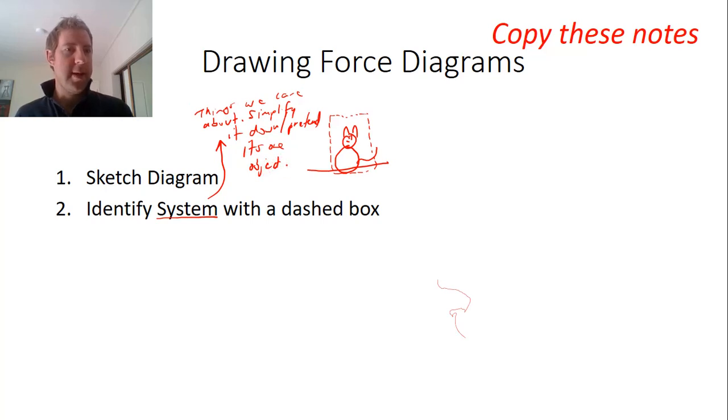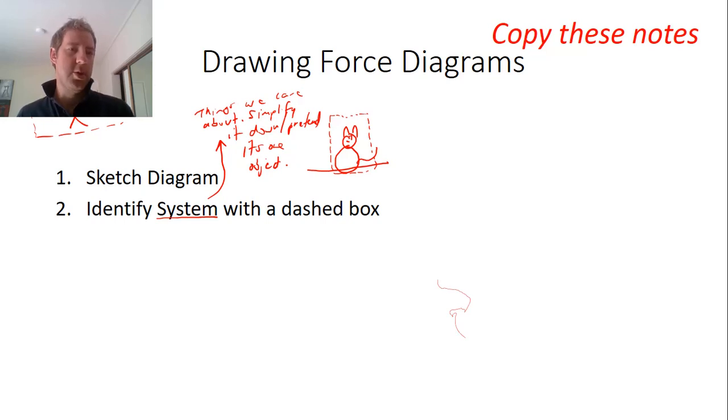Say we've got a man and he's parachuting, right? In this case, I'd say, well, can you please look at the whole system of both of these together? Then you wouldn't think of the parachute as separate from the man. You'd say the parachute and the man are one thing.